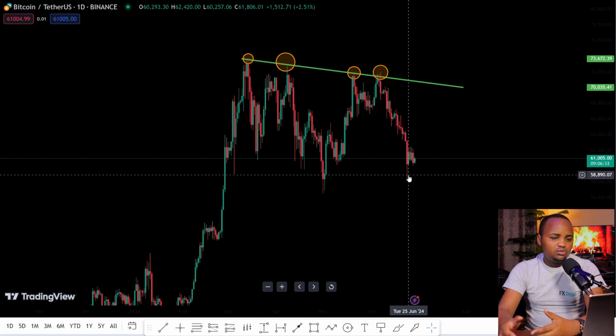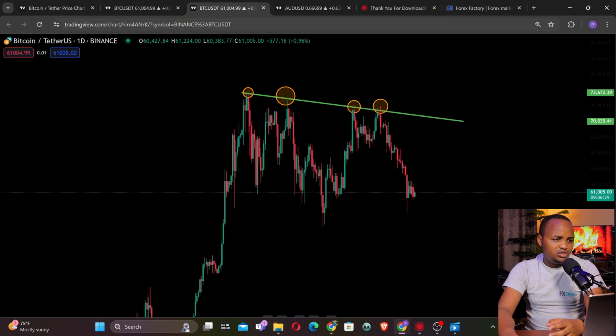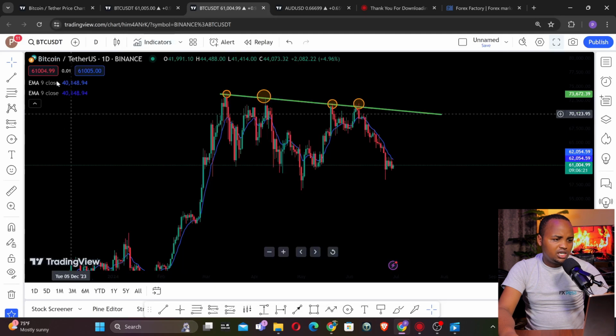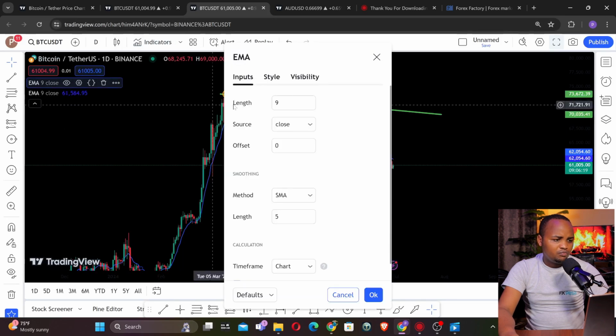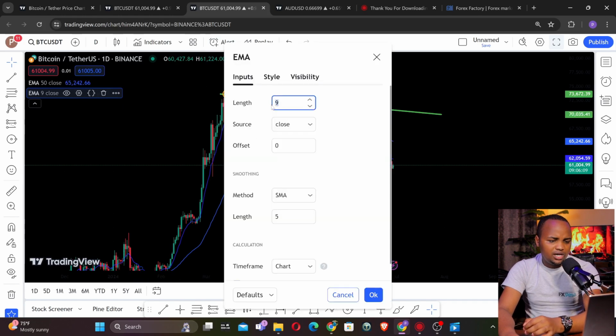For instance, let me just add different moving averages like this, between 50 and the 200 EMA, and let's see what we can get from this market.